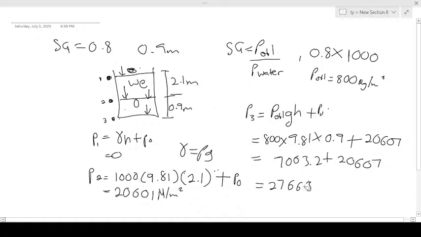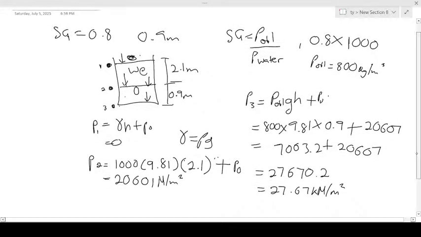Sorry, 26,670.2. And we can now make this 27.67 kilonewton per meter squared, or kilopascal, because the unit for pressure is pascal.